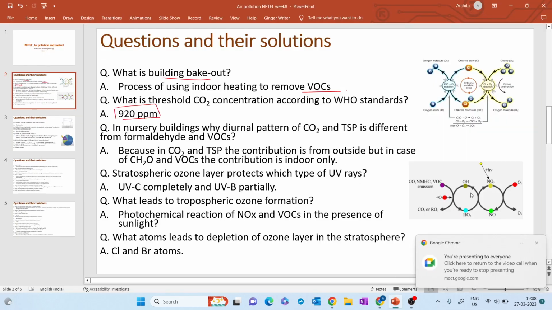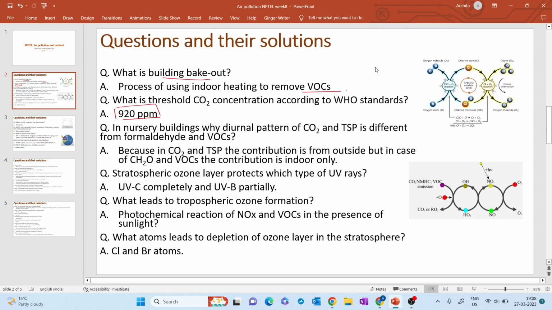Now, if you have gone through the case study, you would have seen the major point of the study. There are four plots for each of CO2, TSP, formaldehyde, and VOC. The concentration of CO2 and TSP was lowest during the afternoon, and high during the day and night time.